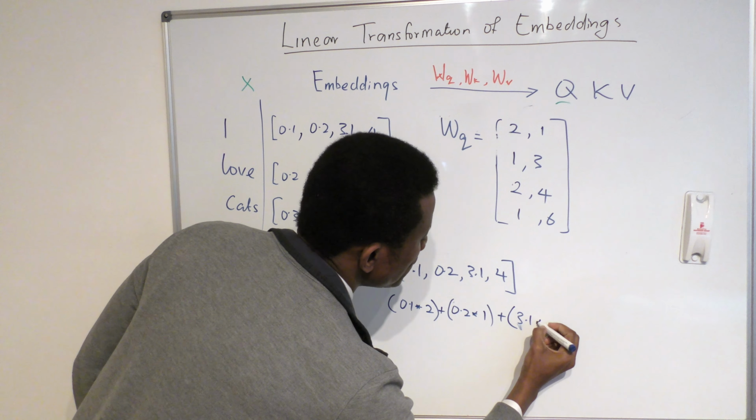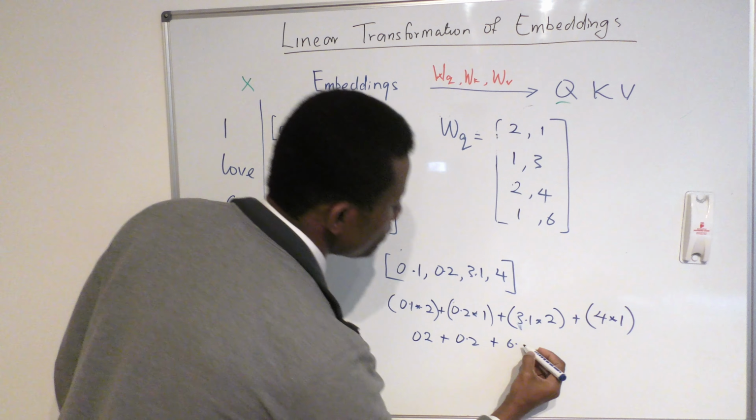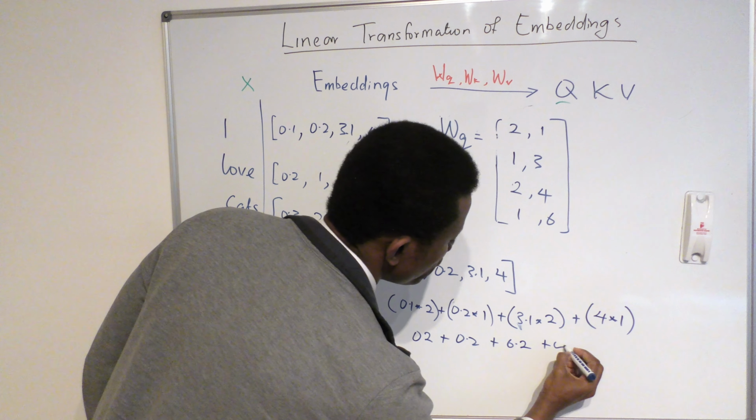So this result you have here will be 0.1 times 2, 0.2, plus 0.2, plus 3.1 times 2, 6.2, plus 4.